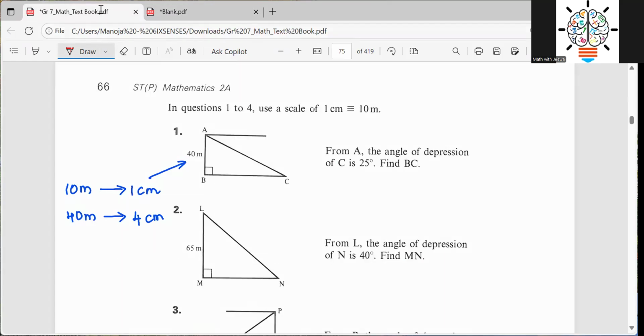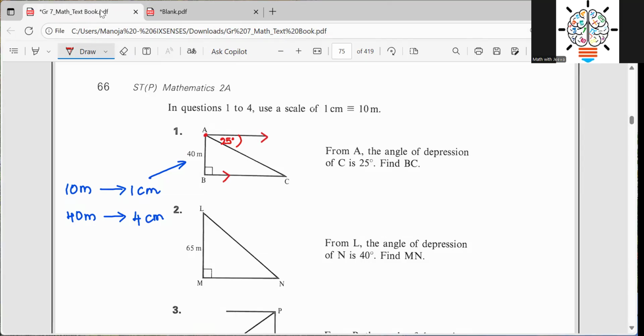Okay. After that, they have shown us something: the angle of depression of C from A. From A, this is 25, right? Then you have a calculation. If this is 25, you can see this line is parallel to this line.